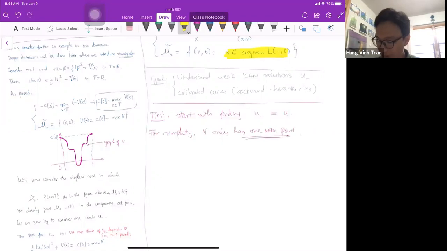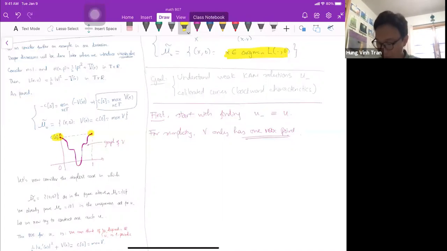Because we can shift things around, it doesn't matter. It's a periodic environment, so you can assume that the maximum of V is achieved at only 0, and because it's periodic, so it's 0 and 1, right? You just keep shifting the picture.